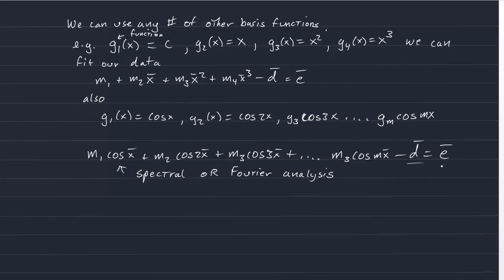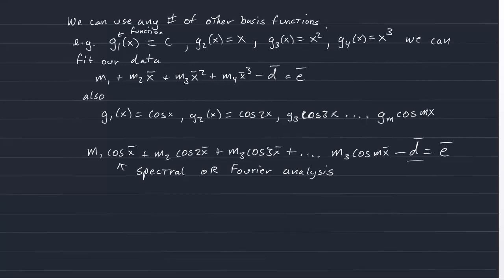So in general, we can set up any number of basis functions, and these basis functions go into our G matrix. Oops, I noticed I was a little careless here. g3 is equal to cosine 3x, and gm is equal to cosine mx.